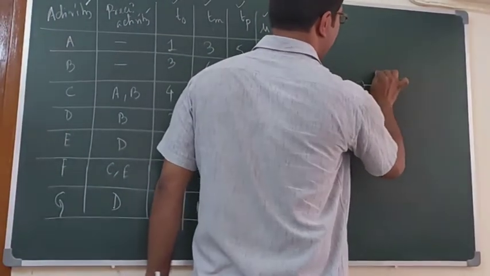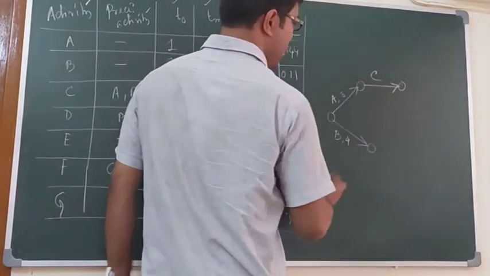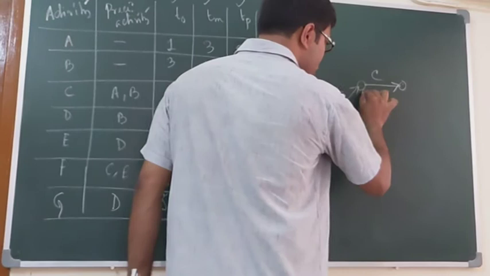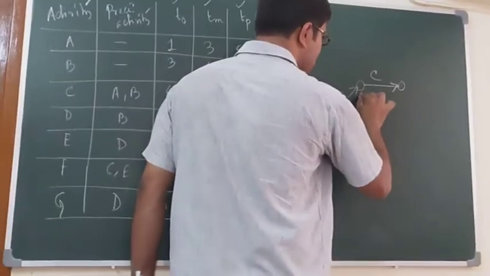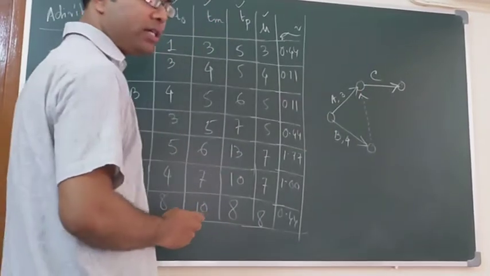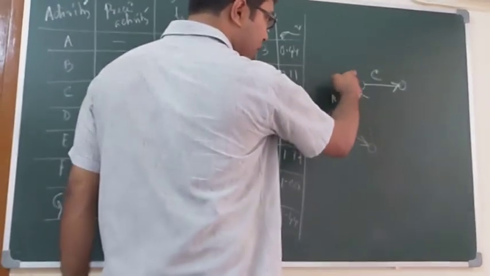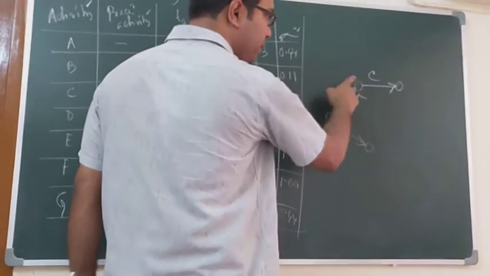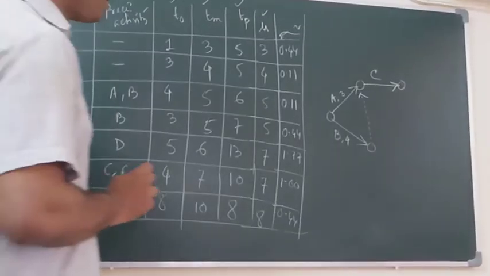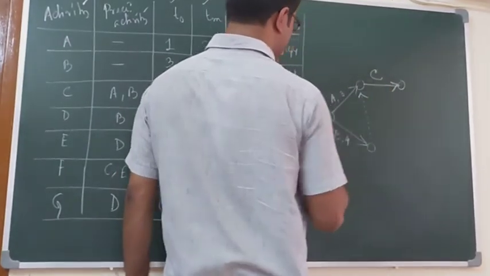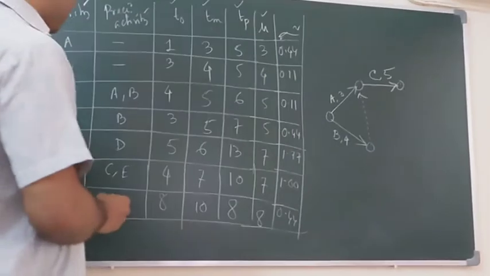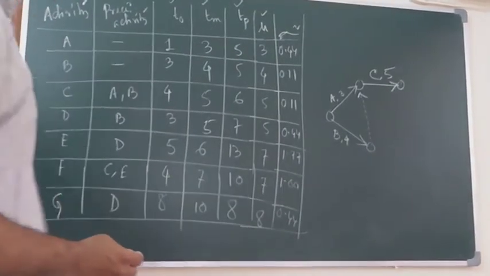This is our C, and it comes from completion of both A and B. So we can use a dummy activity and shift B towards this point so that C comes after the completion of both A and B from this middle point. For C, the completion time is 5.